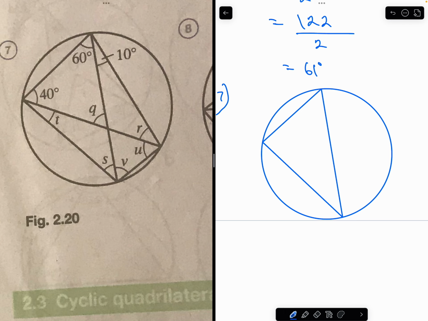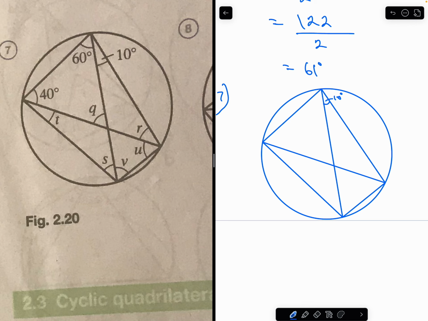And that's a triangle right there. There's another one here. That's another triangle. And there's a line here. Now let's label the angles. 10 degrees.